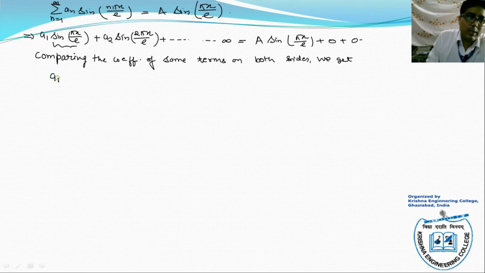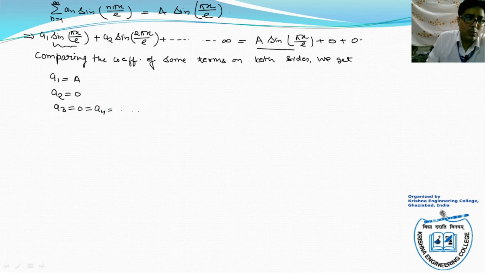So a1 is equal to a. Clear? a1 is equal to a, comparing the first term by this term. And a2 is equal to 0, a3 is equal to 0, a4 is equal to 0. All terms are 0: a4, a5, a6 and so on, all are 0.